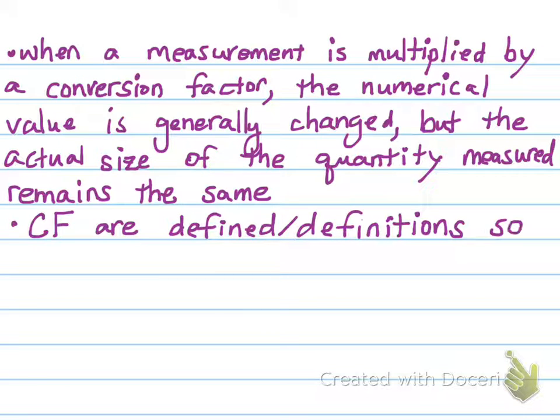So, conversion factors have unlimited significant figures. So what that means for you is that you're never going to look at your conversion factors to determine how many significant figures your answer should have. You'll always just look at how many you were given to start with. And so therefore, how many significant figures should you have on your answer? So that's what a conversion factor is.